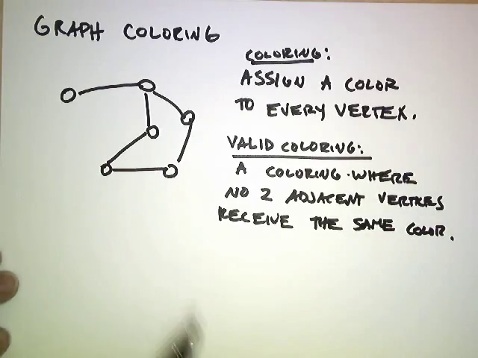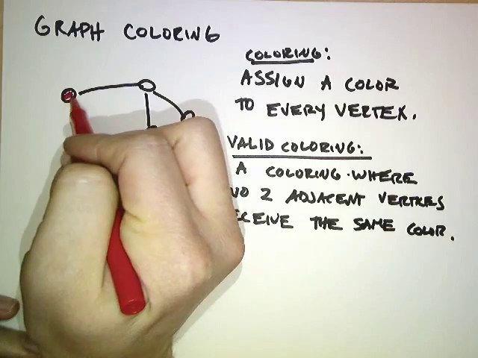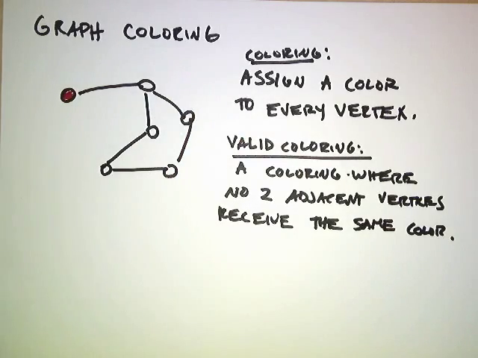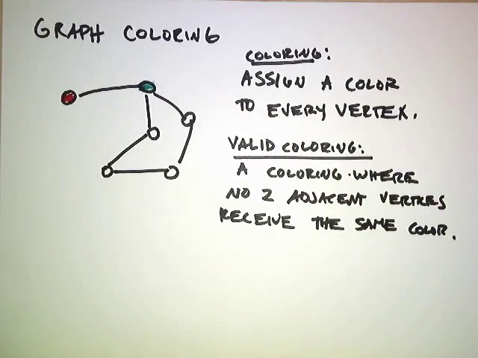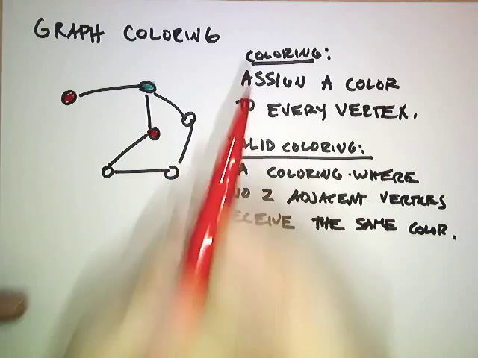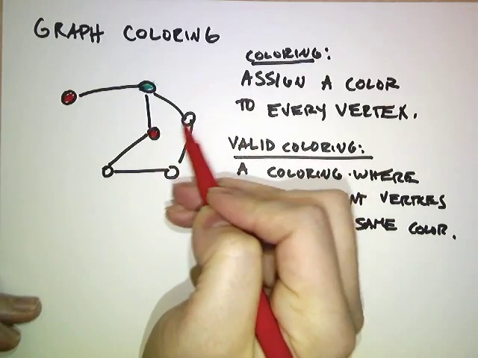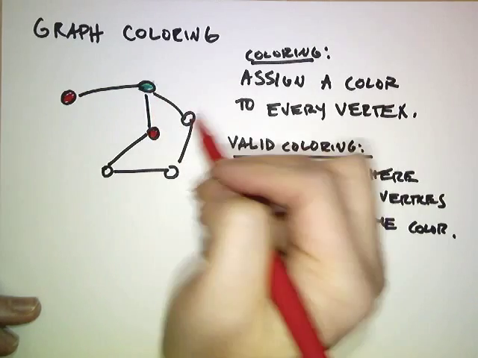Okay, so for example, in this graph, I could color this vertex red. That forces me to color this vertex, say, green. Now I can use red again. I'm trying to create a valid coloring. If I colored this vertex green, it would be a coloring, but it wouldn't be valid because it would be connected to this green vertex.